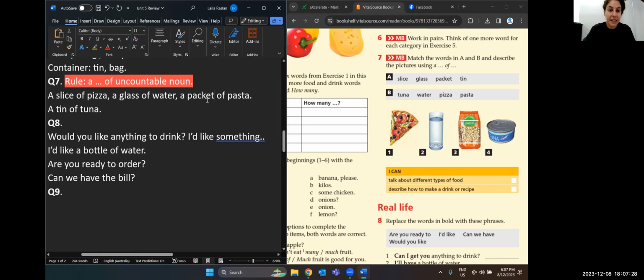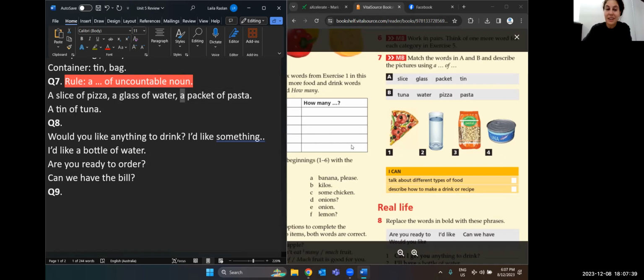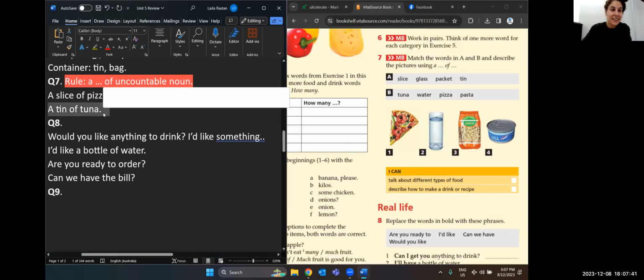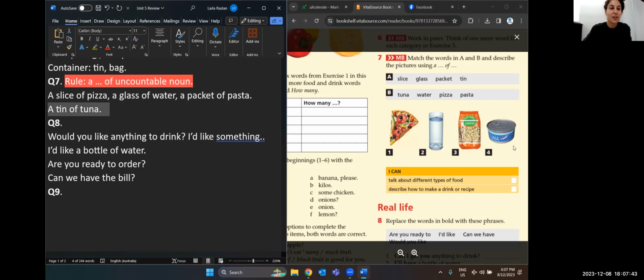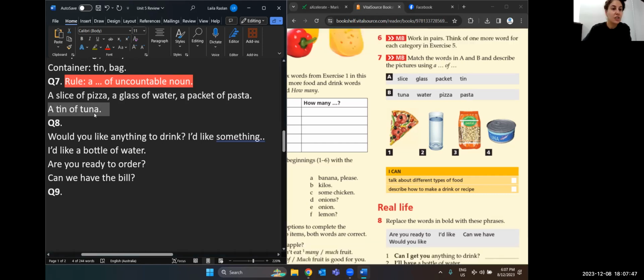Can I please have 3 packets? So make sure you put the S here for the plural and change the number. This becomes 1, 2, 3, 4, 5. And the last one is a tin of tuna. So the T is like a tuna.